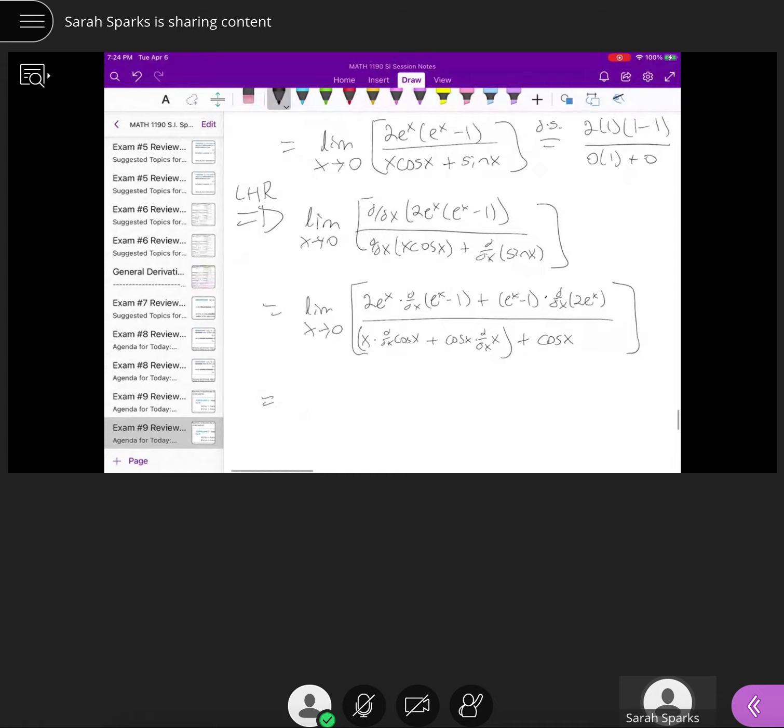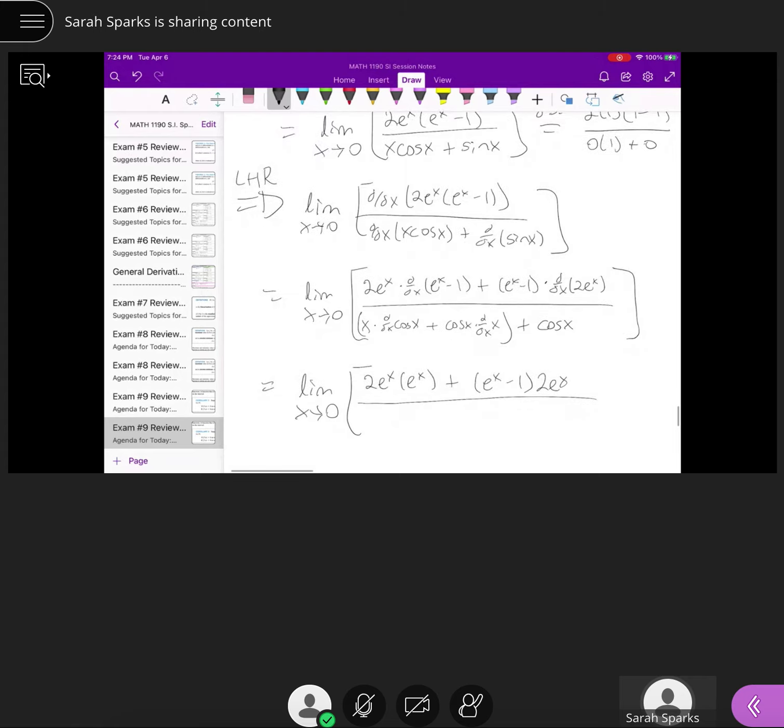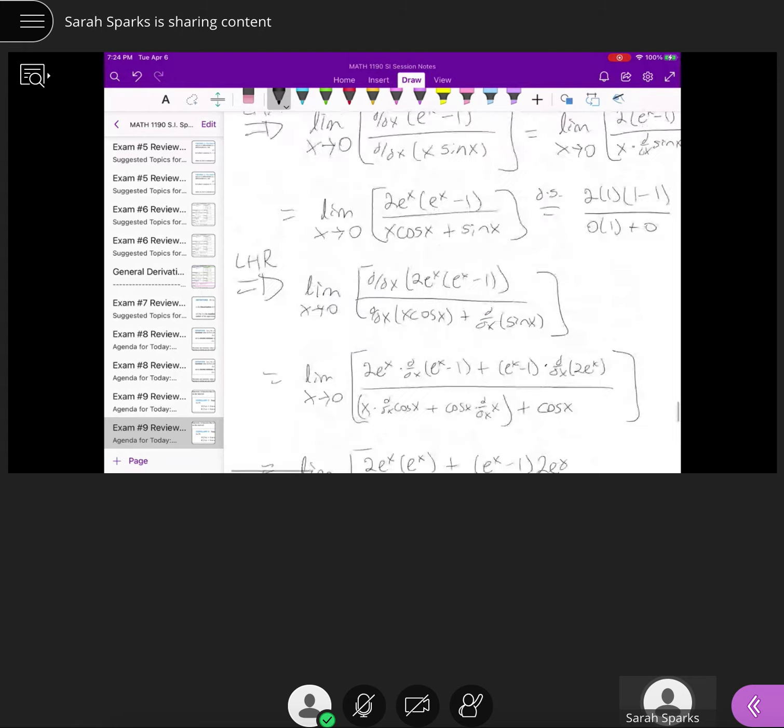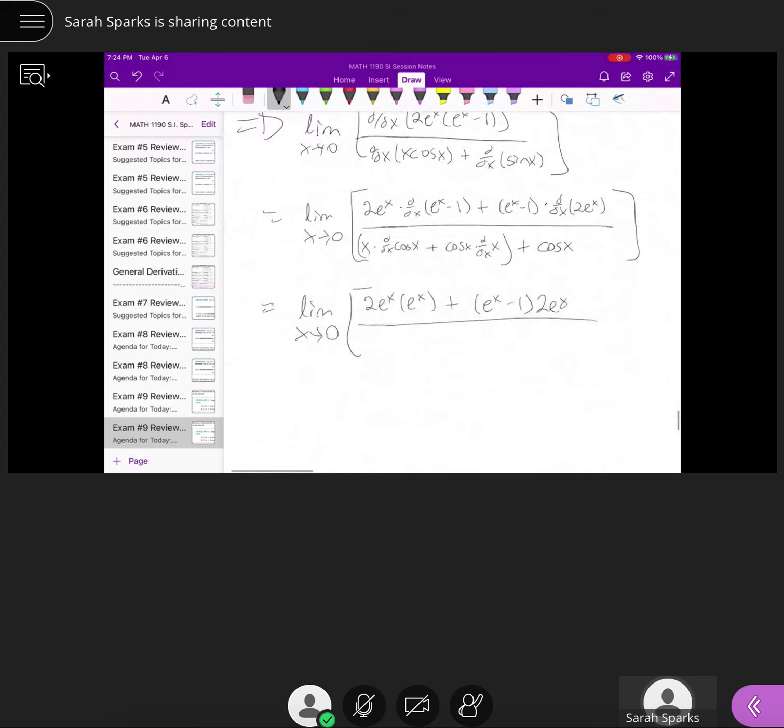All right, so simplifying that top part, we're going to have 2 e to the x times e to the x plus e to the x minus 1 times 2 e to the x over x.